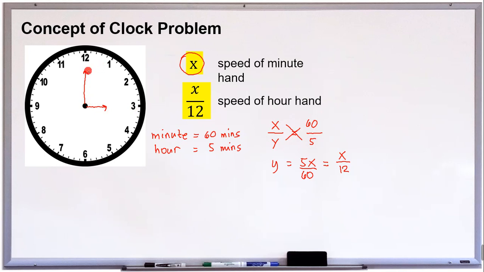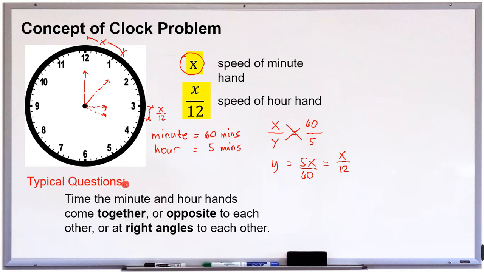If our minute hand covers, let's say, x minutes, then the hour hand covers x over 12. So that's it. We are going to use this expression in order to analyze clock problems. This is how you're going to analyze clock problems.